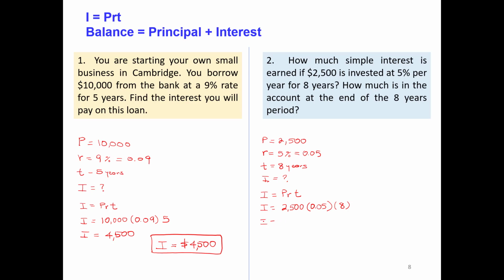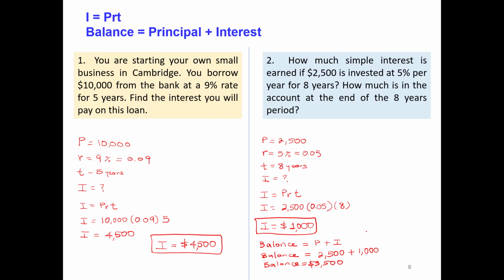Let me write this down. The interest will be 1,000. Now we need to calculate the balance. To calculate the balance, we need to add the principal plus the interest. The balance equals the principal, which is 2,500, plus 1,000, which is 3,500.